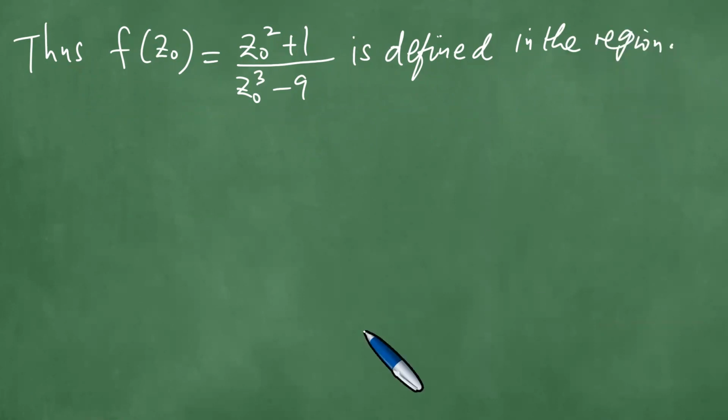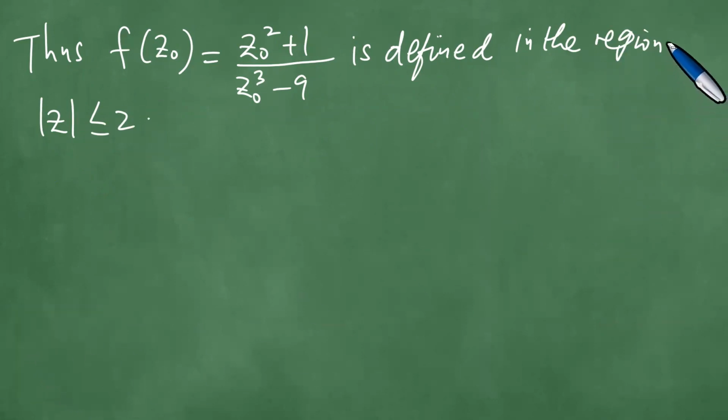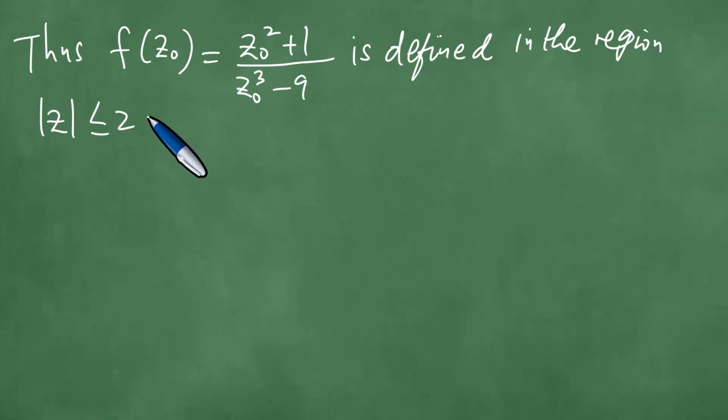Okay, what region is this? Right, it's defined in the region. This is modulus of z less or equal to 2. Okay, can remove the comma here. Like that, so yeah.